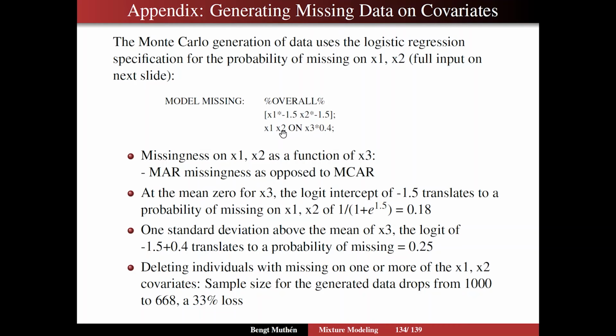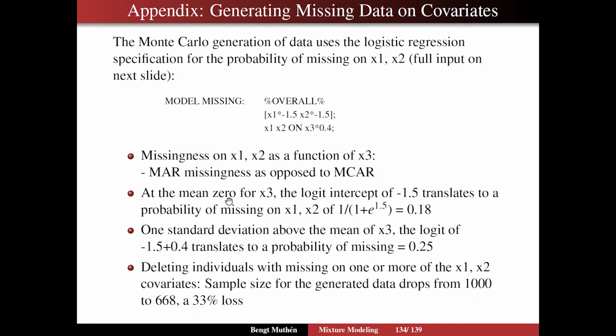You see that x1 and x2 are regressed on x3. So x3 influences the missingness of x1 and x2. This is the MAR part. Whereas in brackets here you have the intercepts, and if you only had the intercept and not the next line, then you would have MCAR, missing completely at random. But we were more interested in the MAR case.